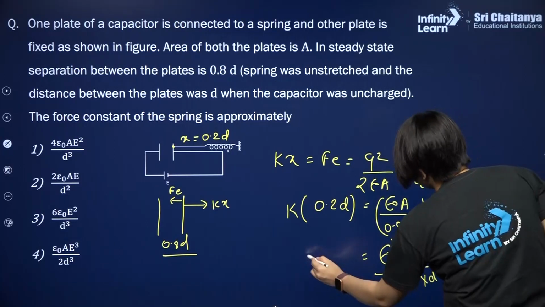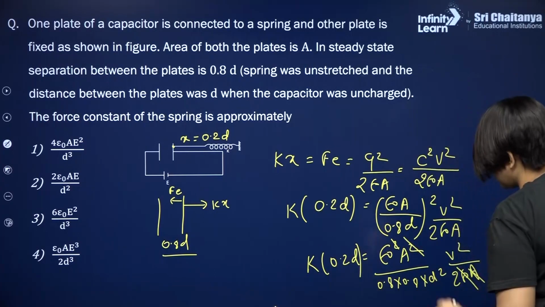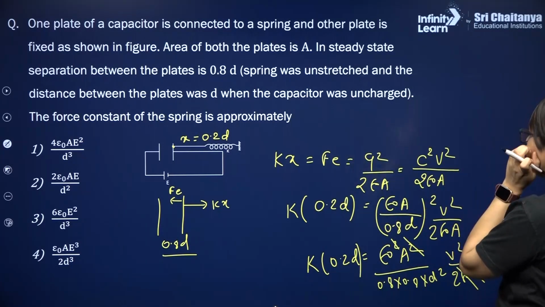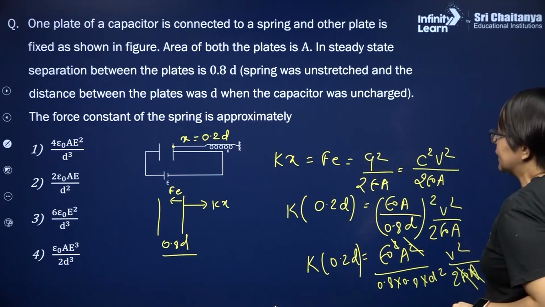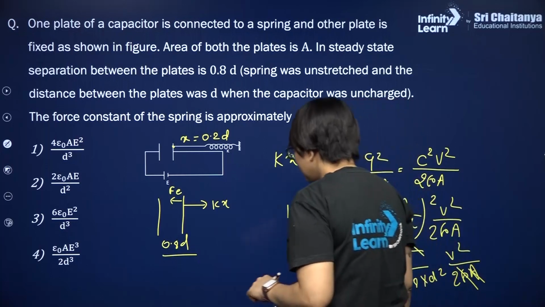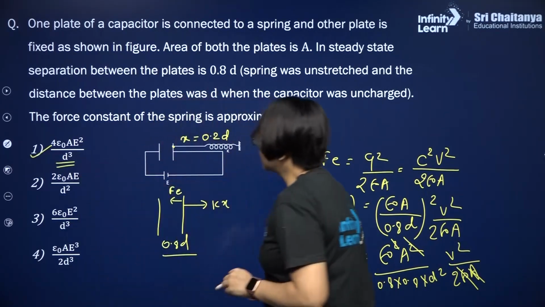So we have K into 0.2d as this. After solving this, we will get the value of the force constant K approximately as 4 epsilon naught A V square upon d cube.